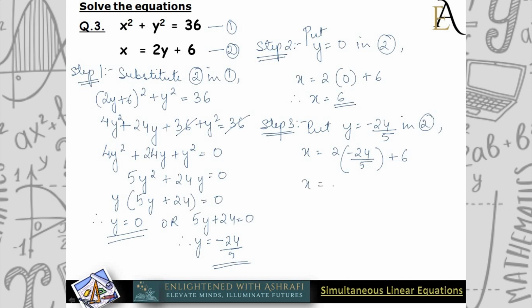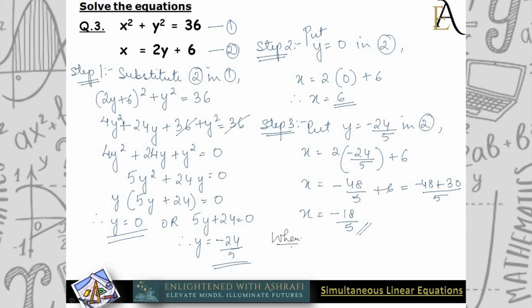So x is equals to minus 48 upon 5 plus 6, which gives me minus 48 plus 6 times 5 is 30, with the LCM 5. So x is equals to minus 48 plus 30, so that is minus 18 upon 5, right?